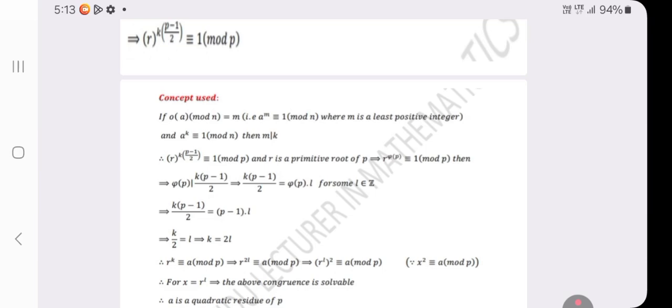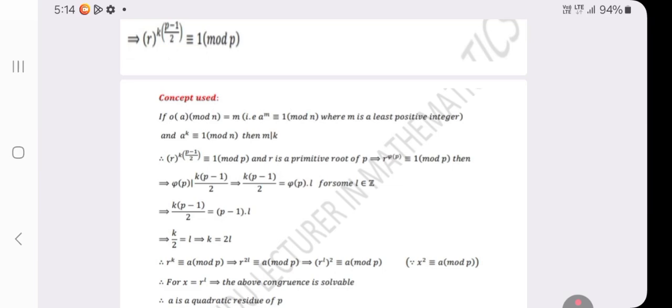So we have R power K whole to the power of P minus 1 by 2 congruent to 1 mod P, and R is a primitive root of P. Therefore, R to the power of phi of P is congruent to 1 mod P. Then phi of P divides K times P minus 1 by 2.